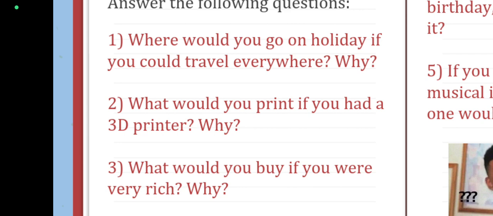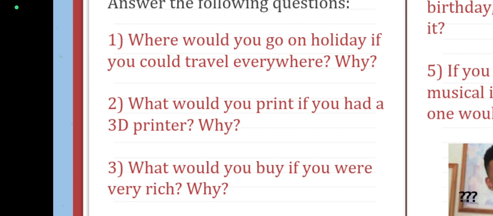Okay. Un crucero, teacher. On a cruise, yes, because I like the experience. Okay, that's great. The experience. Amazing.